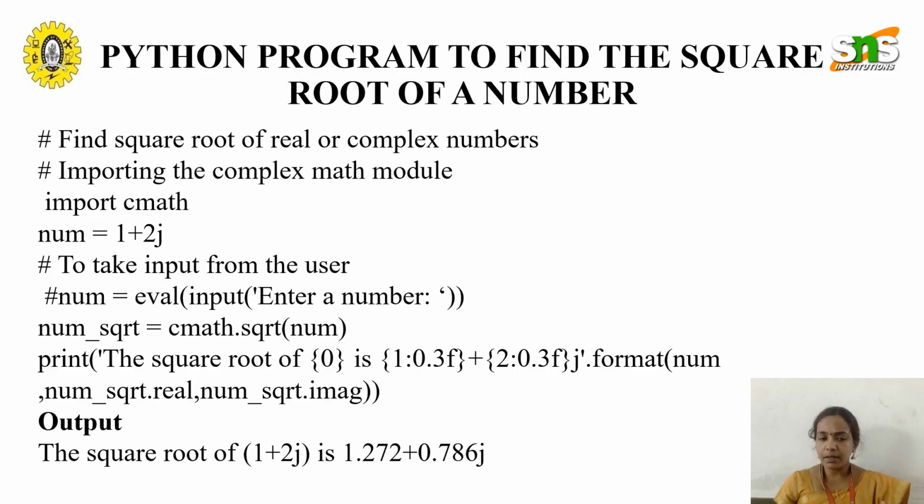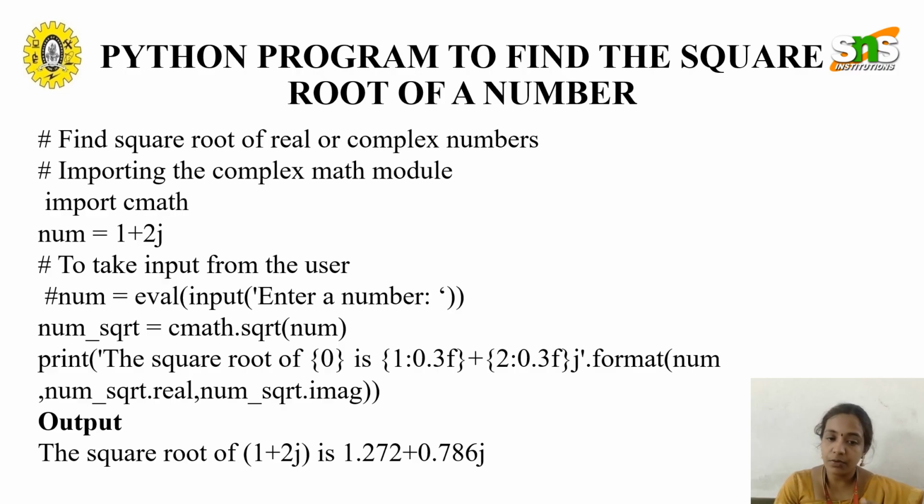How should I display the output, the square root of the input? Input is 1 plus 2j. How will I display it? Curly bracket of 0 is {0:0.3f} plus {1:0.3f}j. The first value 1 is the coefficient of the real part, plus 2 is the coefficient of the imaginary part 2j. j is the imaginary part, 1 is the real part, right?